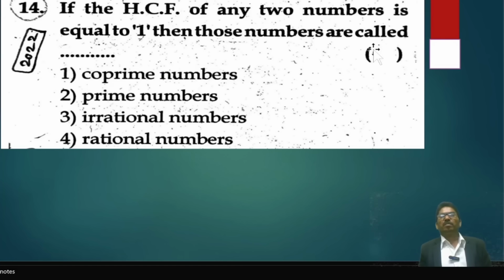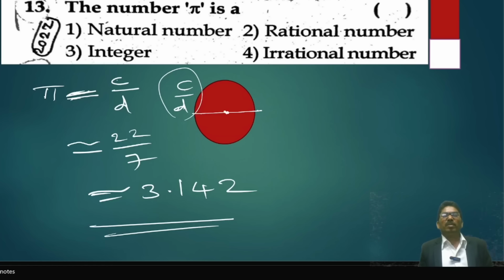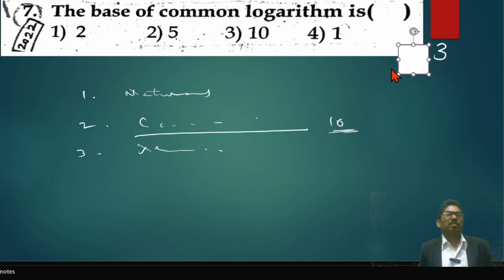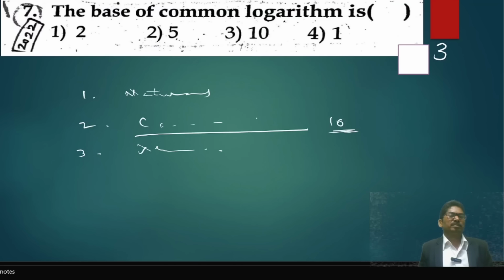So co-prime numbers, option 1. Next, irrational number, option 4. Next, option 3.